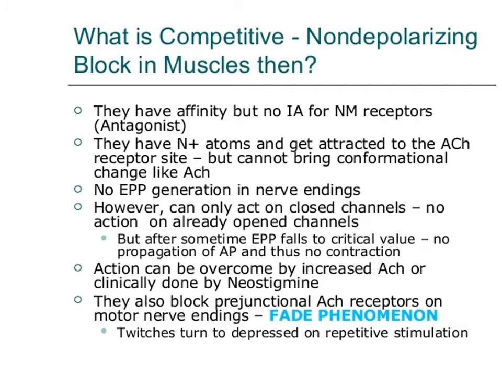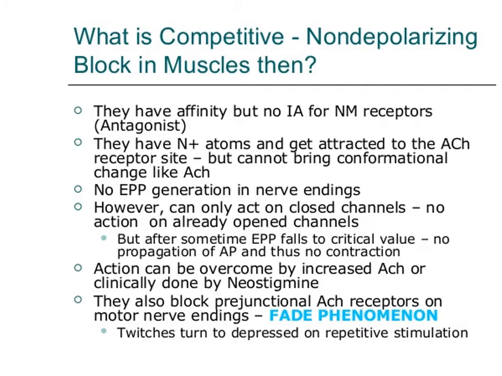The second point is that they get attracted to the acetylcholine receptor site, meaning that they have affinity. But they cannot bring conformational change like acetylcholine, which is the natural neurotransmitter at the neuromuscular junction. So there will be no action potential generation in the nerve endings.